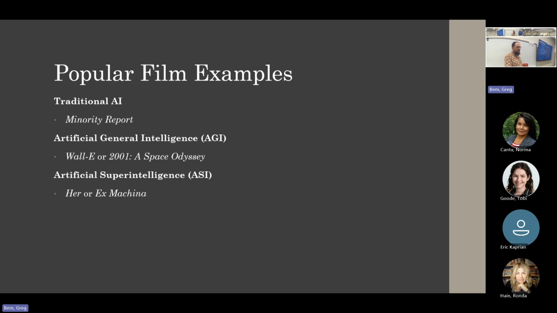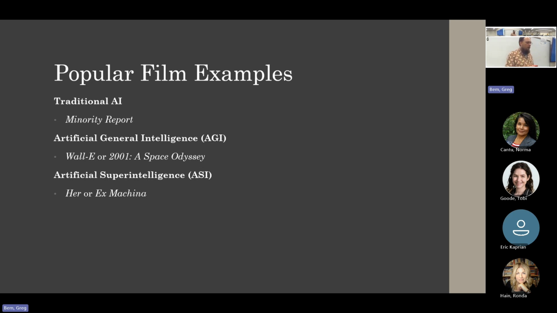If you want to look at some popular film examples of AI, or maybe you already know these movies, traditional AI shows up a lot in Minority Report. It's kind of that static, not very interesting AI that just helps make the world work a little bit easier, helps make people do their tasks a little bit easier. AGI shows up in the movies WALL-E and 2001: A Space Odyssey.